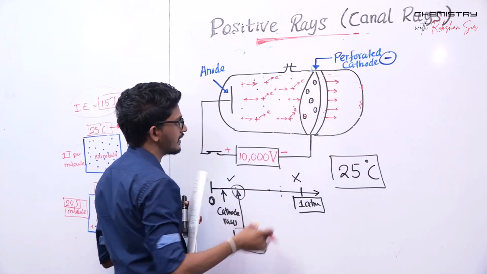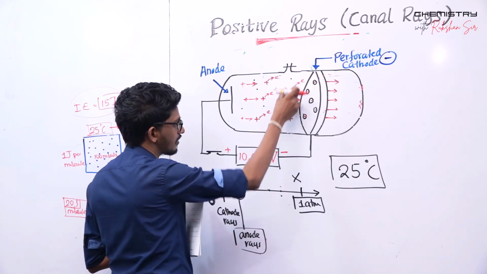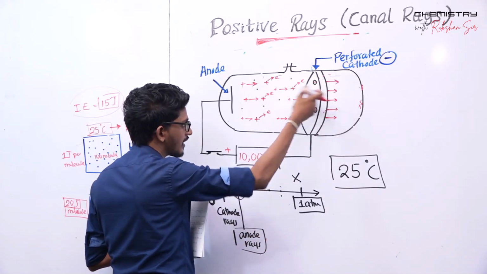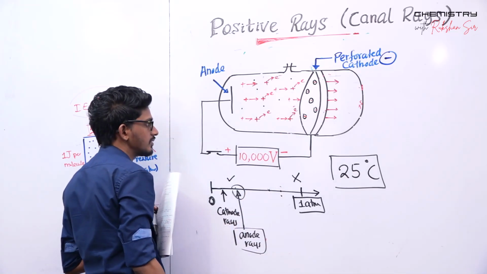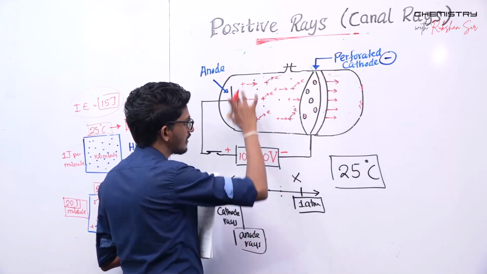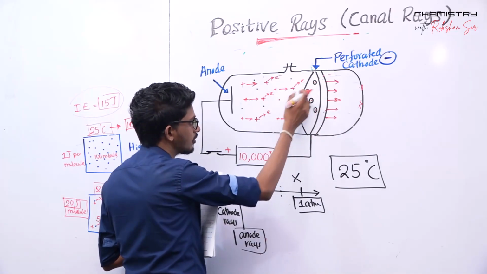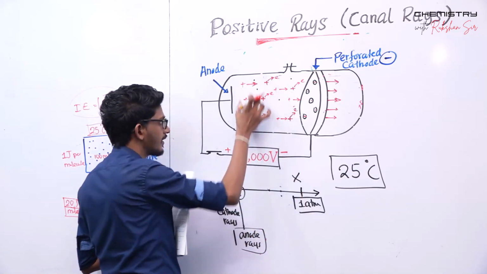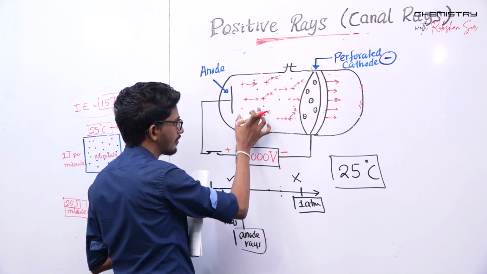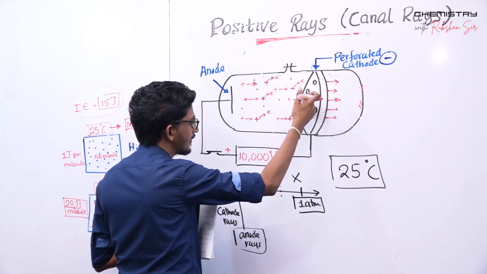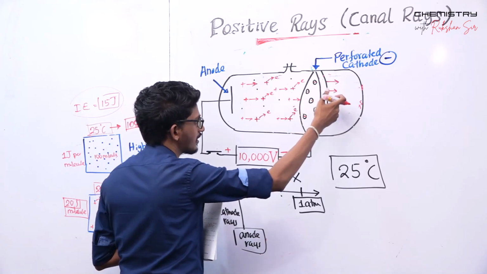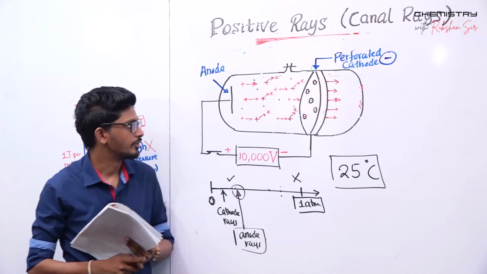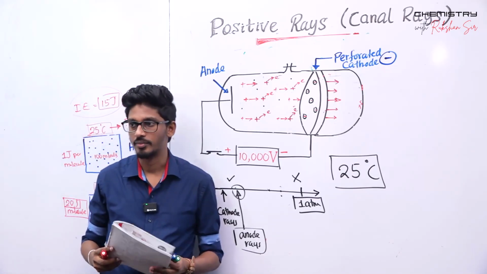Not these ones. These ones won't have enough acceleration or force to overcome the drag towards the cathode. That is why those are not able to come through the holes of the perforated cathode. So only the positive particles coming from here are able to go through the holes of the cathode and come out. So that is how you generate the positive rays from this tube.